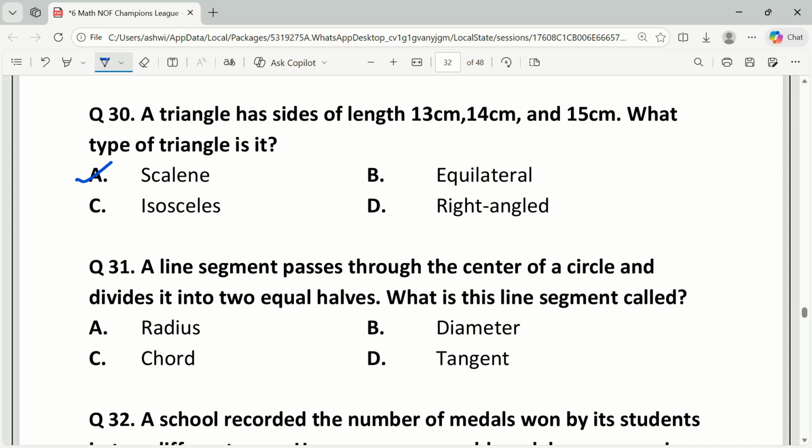A right angle triangle satisfies the Pythagoras theorem, that is a square plus b square is equal to c square. Given that the sides are 13, 14 and 15 centimeters, all sides are different. Hence, it is a scalene triangle. Checking for right angled, we have 13 square plus 14 square is equal to 15 square.